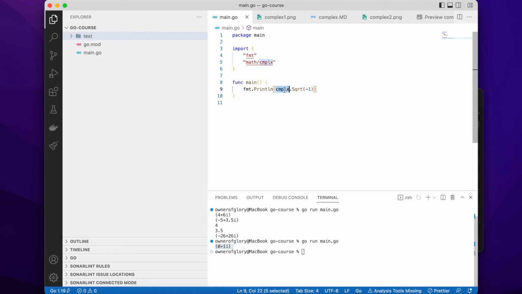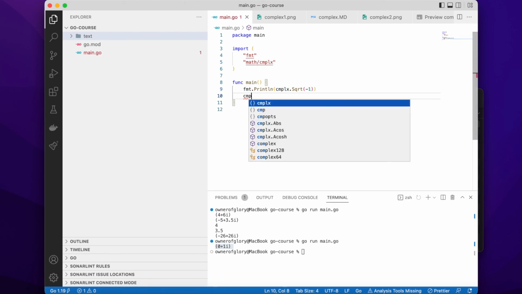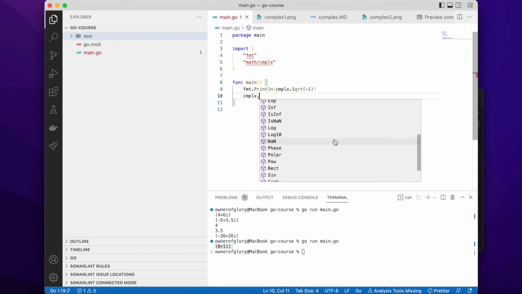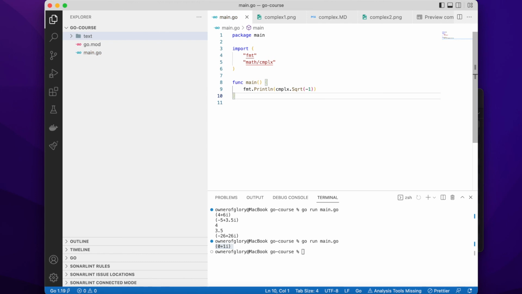So Go provides this special package for working with complex numbers, and in this way you can use this square root and you'll receive the actual complex number. And this package has actually many different functions, same as the math package, but all of them are for working with complex numbers. That's why it's really useful when you need to do some calculations with complex numbers.